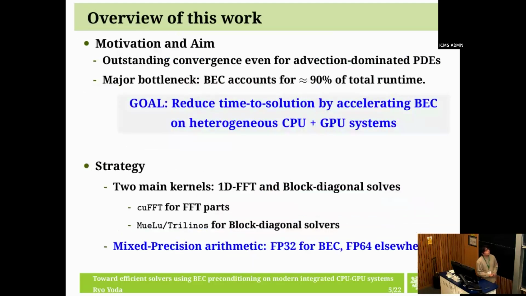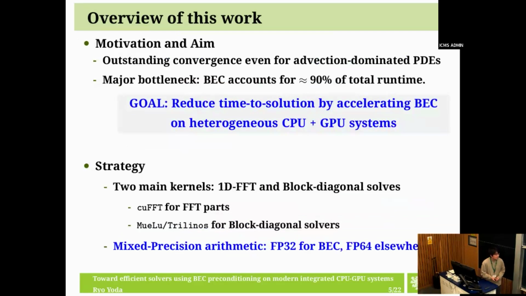This slide shows our motivations and aims of this work. Block-epsilon circulant and block circulant preconditioners already provide outstanding convergence even for evolution-type problems. And currently, there is a major bottleneck in terms of runtime.